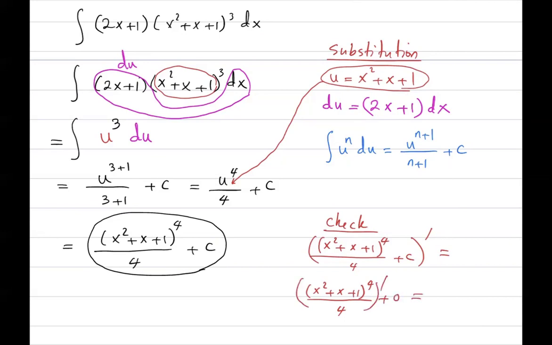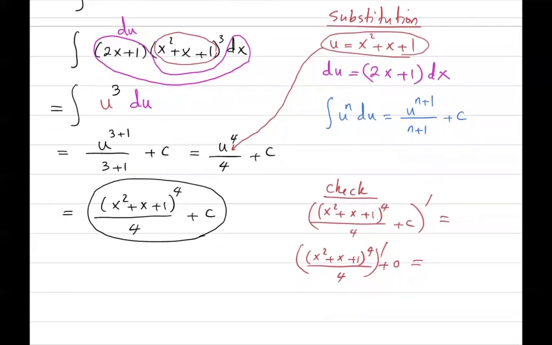Remember that to calculate the derivative, you have to use the chain rule. In using the chain rule, the quantity inside the parentheses is x² + x + 1. So if you take the derivative of x² + x + 1 and then apply the power rule here, you get 4(x² + x + 1) to the power 4 − 1, or 3.